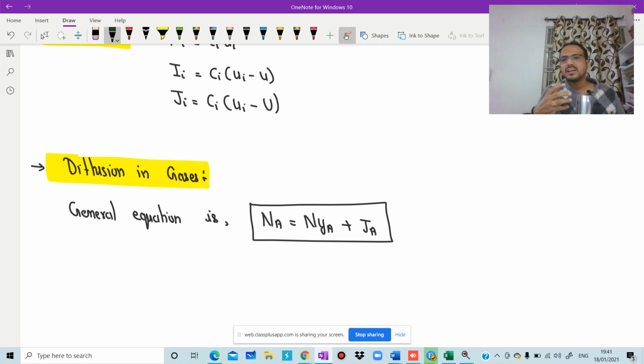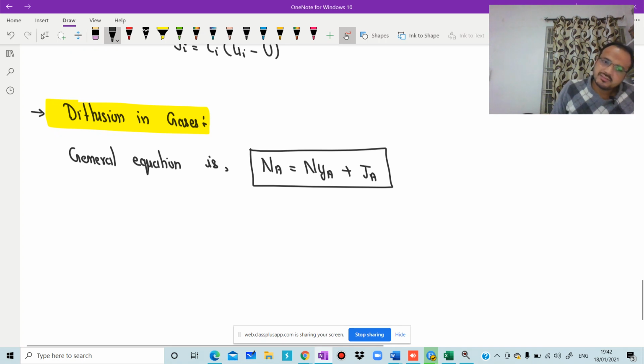After some time, the whole water turns blue. This is natural diffusion. Second, if I put drops of ink and stir it with a stirrer, the rate will be faster. Natural diffusion is already present, but with the stirrer the rate is faster.